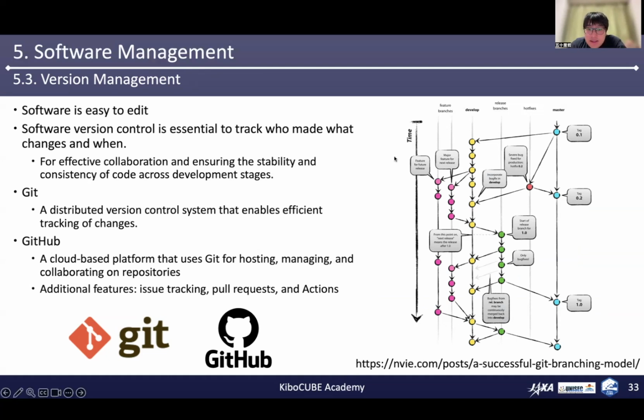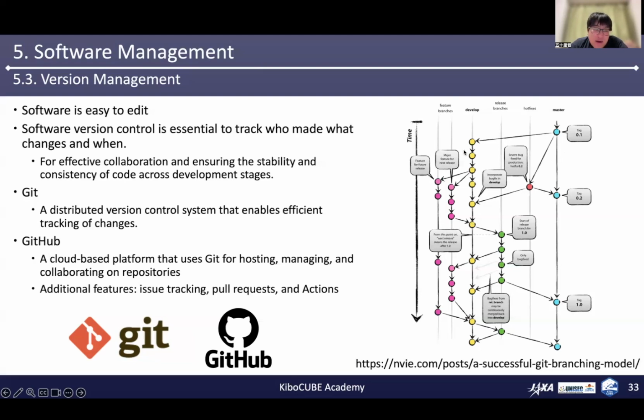And this is an example of repository management using Git. Here is the master branch. We have another development branch here, and we have some bug fixing branches, release branches, or feature development branches.